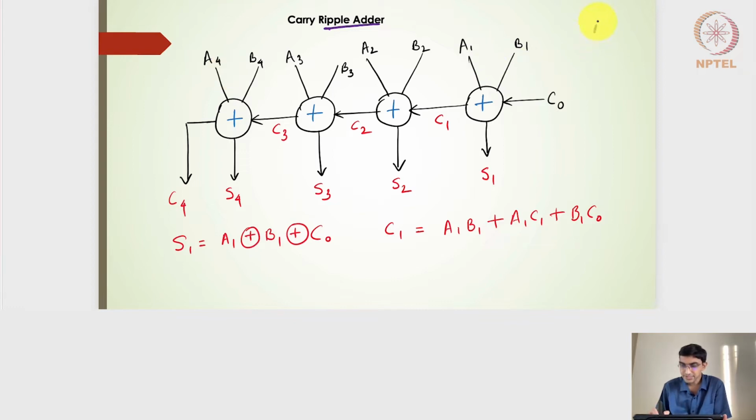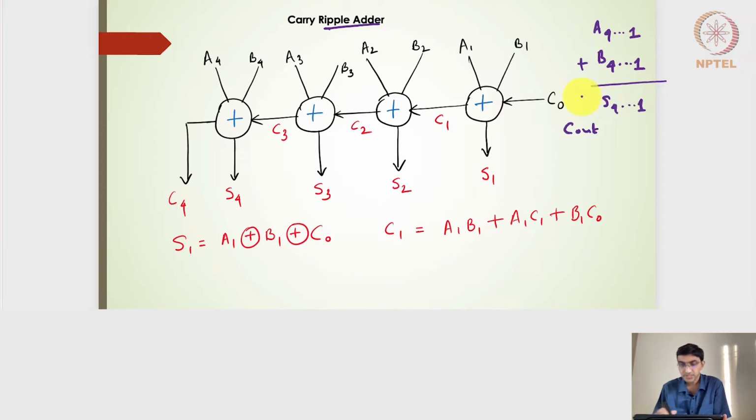What it really means is, if I have a 4-bit input A4 to A1, where 1 is the LSB and 4 is the MSB, and I need to add it with the B input, again a 4-bit input, then the addition should give us a 4-bit sum with a carry out, right?